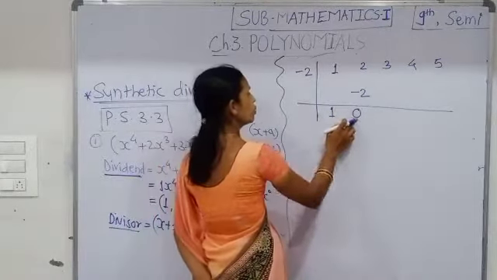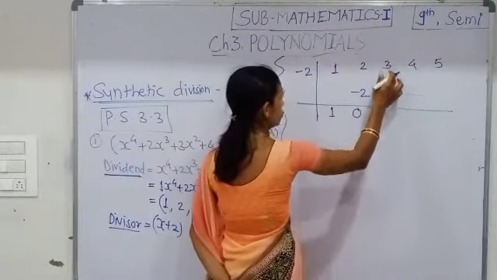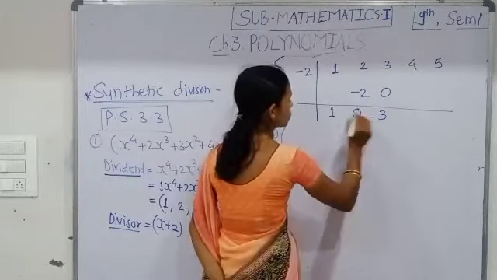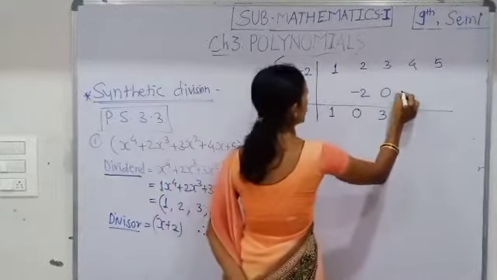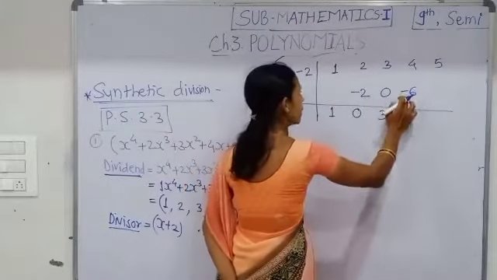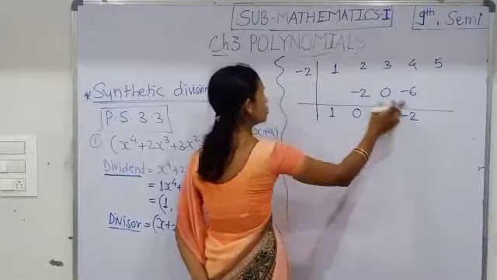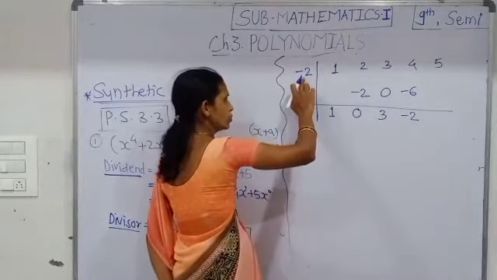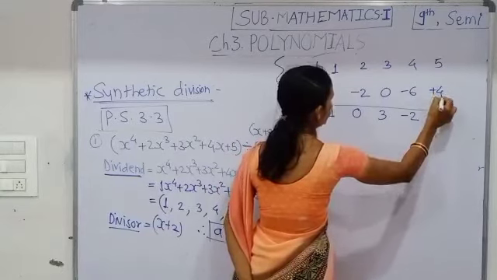Again see here, 0 is multiplied by minus 2. Therefore here we get 0. And here 3 plus 0, 3. Then 3 into minus 2, that is minus 6. Then 4 minus 6, that is minus 2 is there. Then minus 2 into minus 2, that is minus minus plus, and 2 into 2, 4.